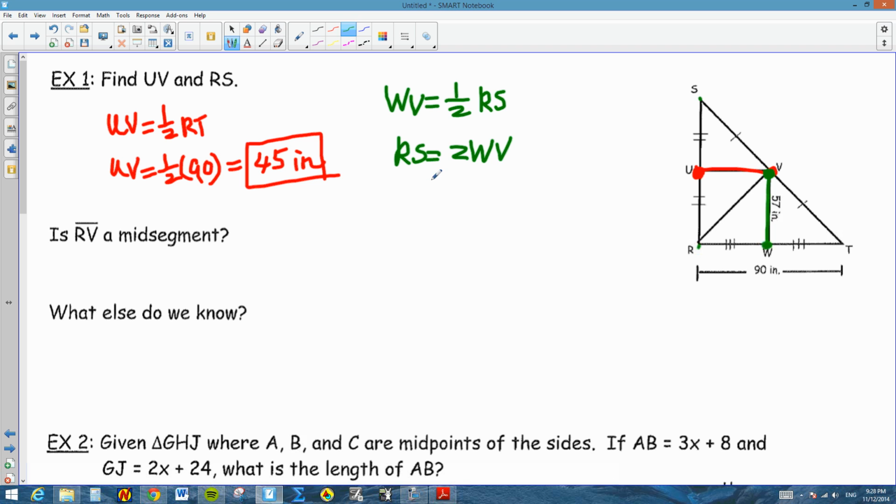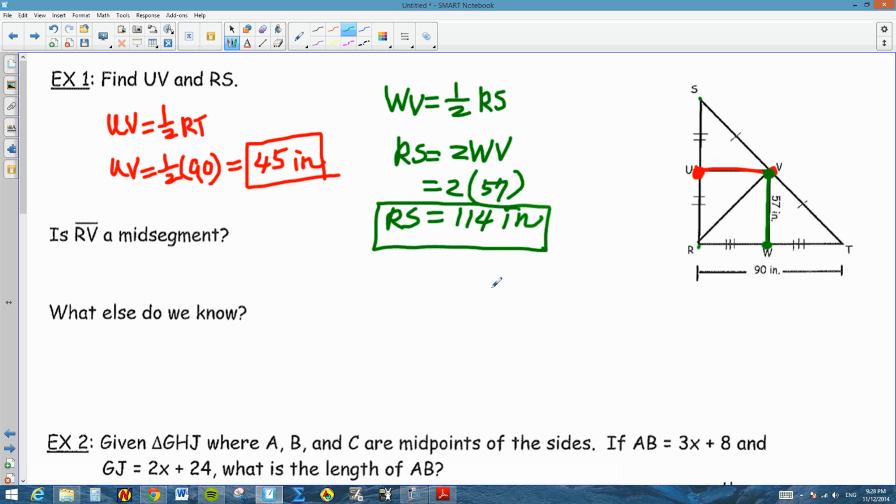Then we plug in: 2 times WV, which is given as 57, gives you 114 inches. So the answer for RS is 114 inches.